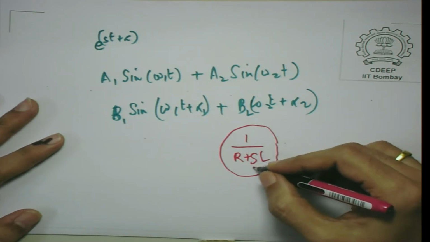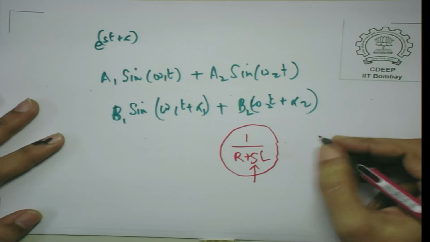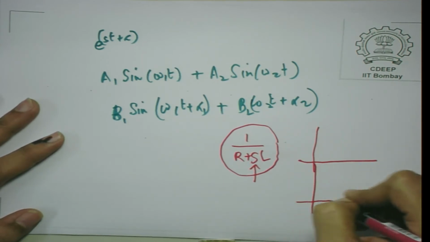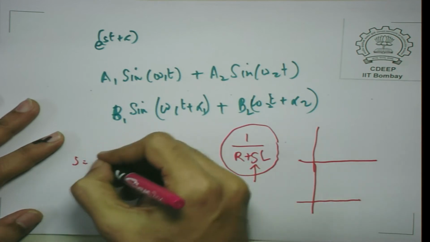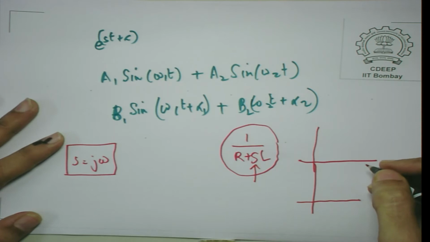What do I mean by that? By plugging in different values of s, for example, s is equal to j omega, that is, I evaluate it for sinusoids or cosinusoids.